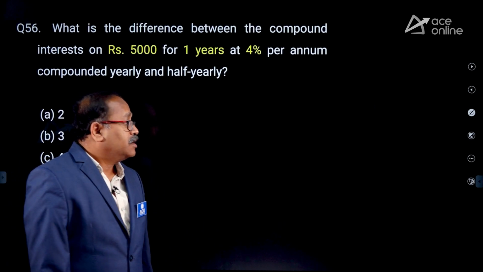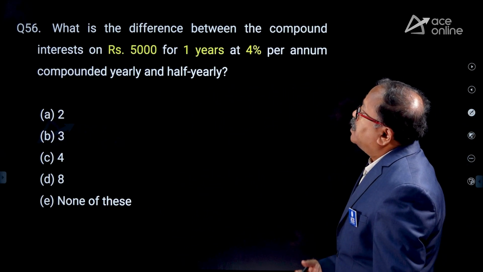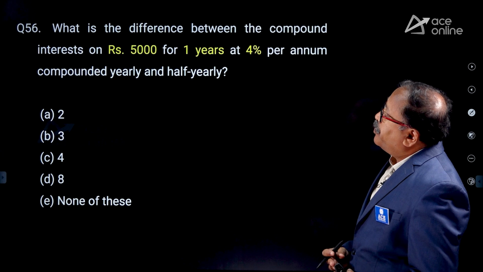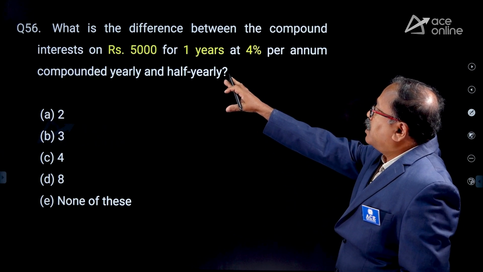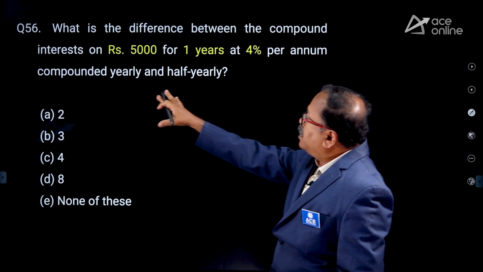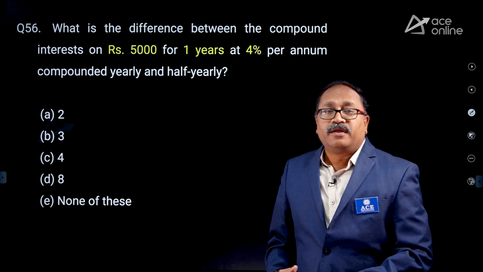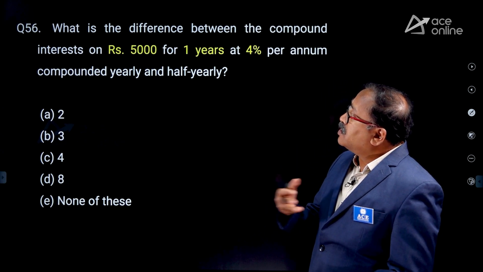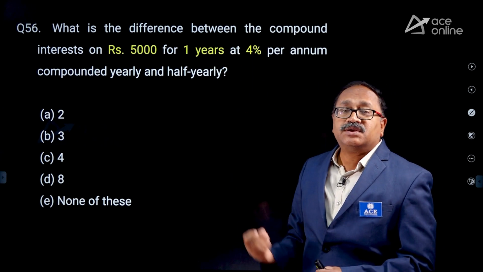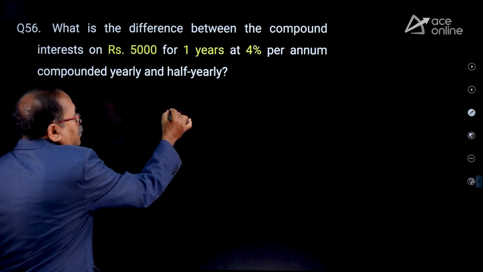Next question. What is the difference between the compound interest on 5,000 for 1 year at 4% per annum compounded yearly and half yearly? When you compound yearly, it is 4%. So, I am writing the figure over here.